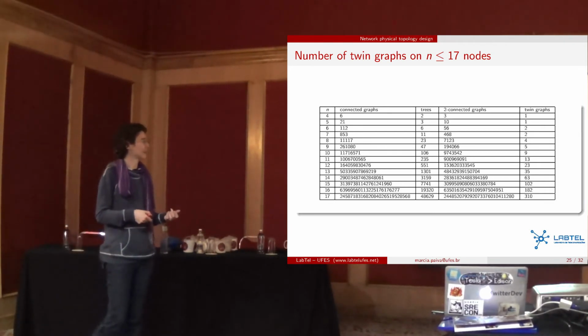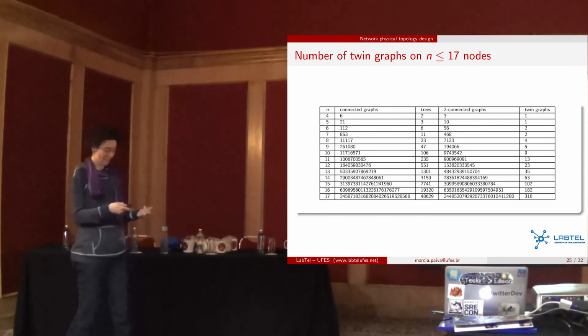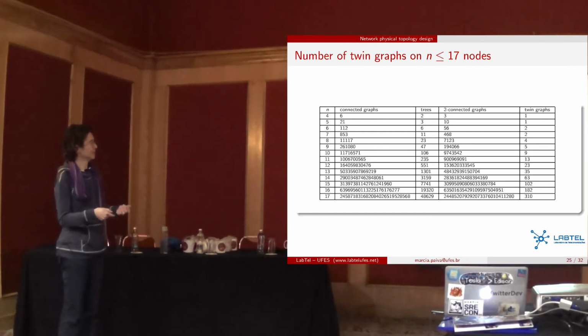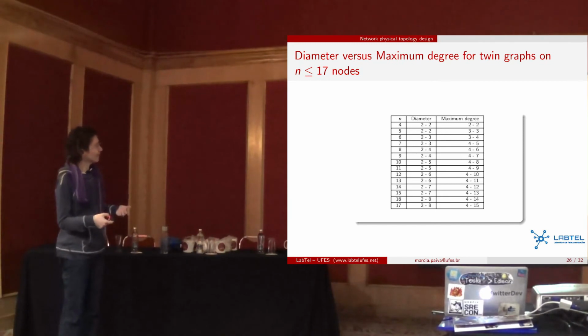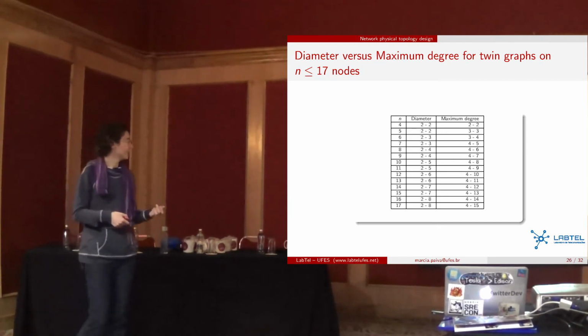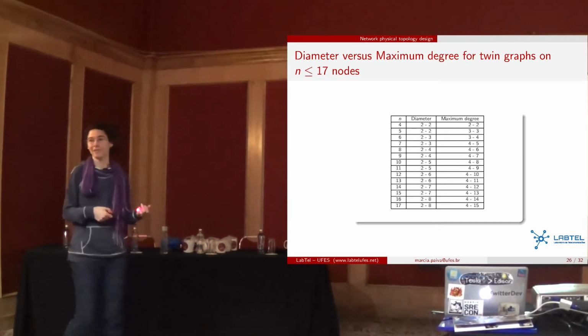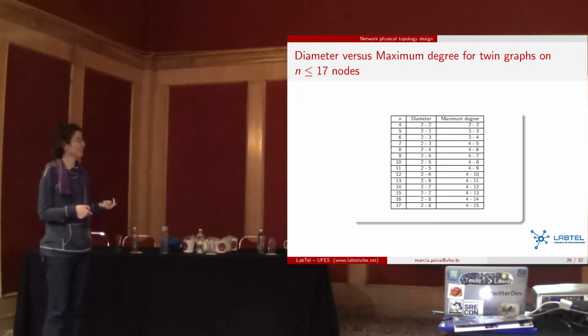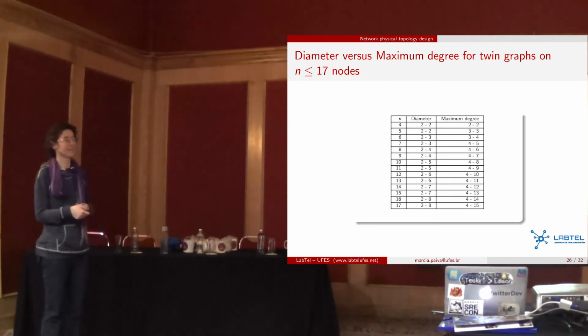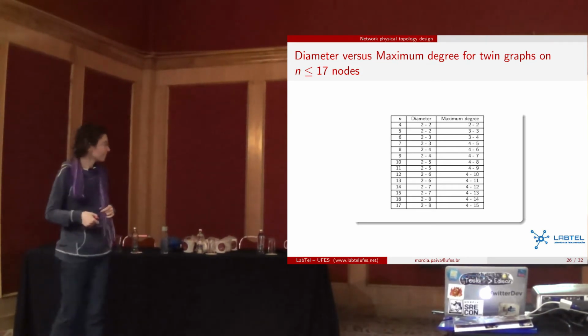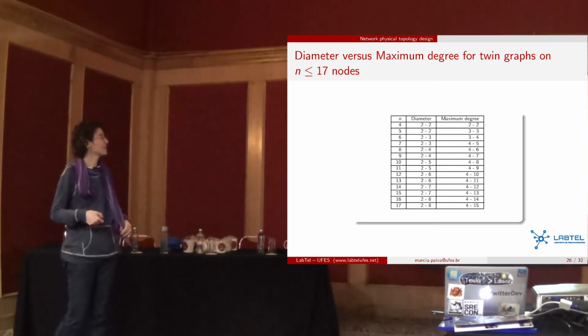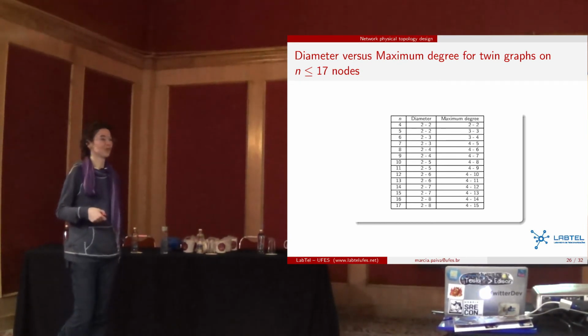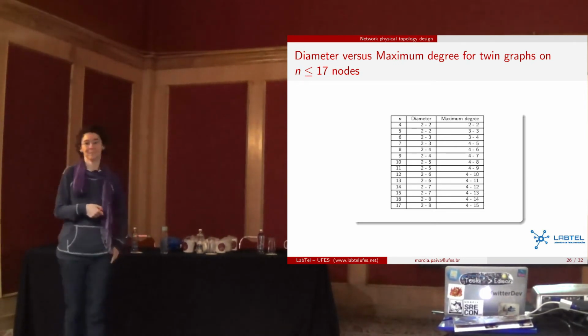So what are the properties of these graphs? For instance, just to show the diameter and the maximum degree. Of course, there is a trade-off between these two graph invariants, but anyway, for 17 nodes, there is always a twin graph with diameter ranging from 2 to 8 and maximum degree from 4 to 15.